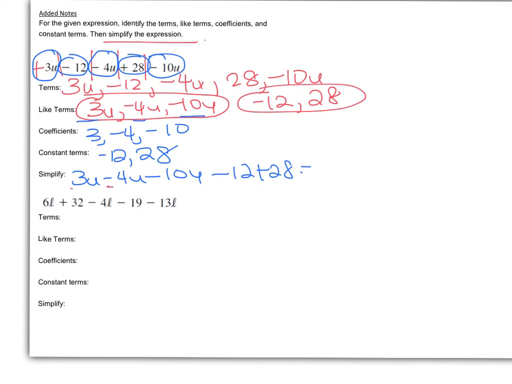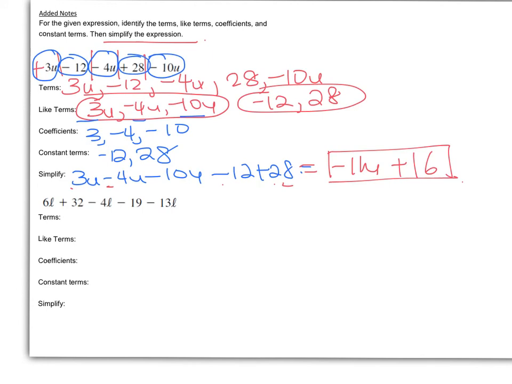Negative 1 minus 10 is negative 11u. And then we have negative 12 plus 28. That's plus 16. So negative 11u plus 16 is your answer.